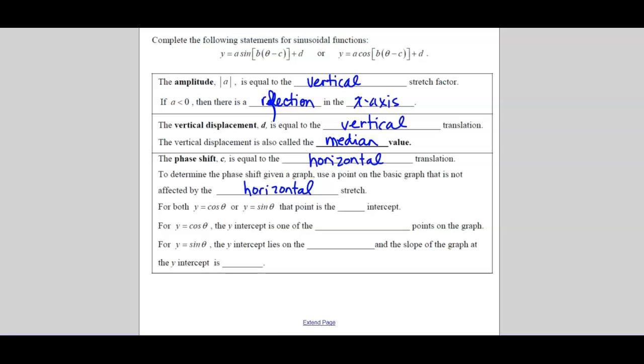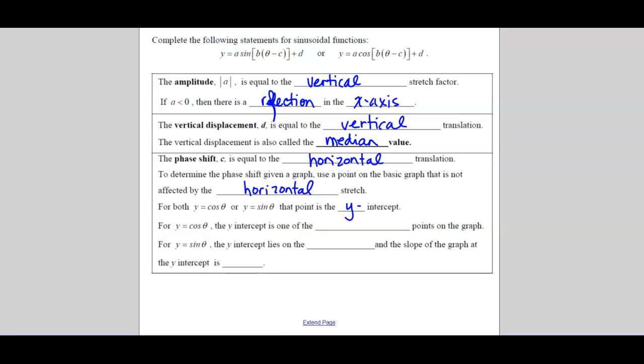But remember, for sine, it's not really the initial value, but it goes through the origin. So the x-intercept and the y-intercept are both 0. Stretches don't affect them. So you can really tell what those translations are. For cos, the y-intercept is not affected by a stretch horizontally. Okay, so for these functions, that point is the y-intercept.